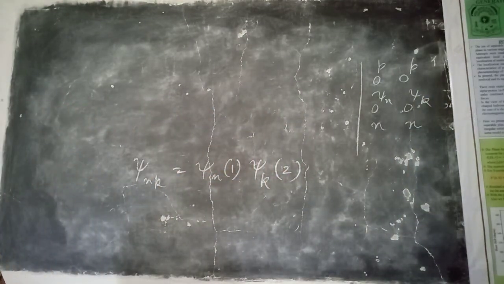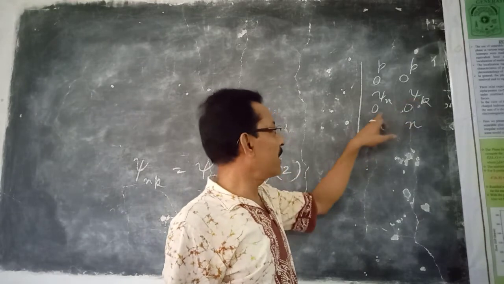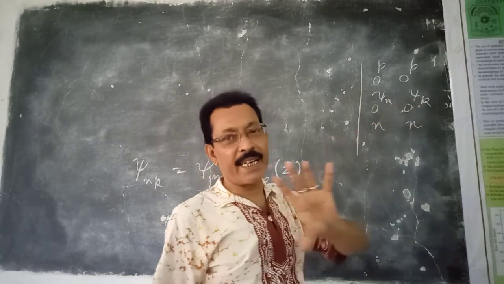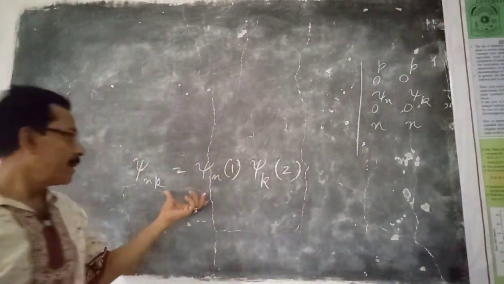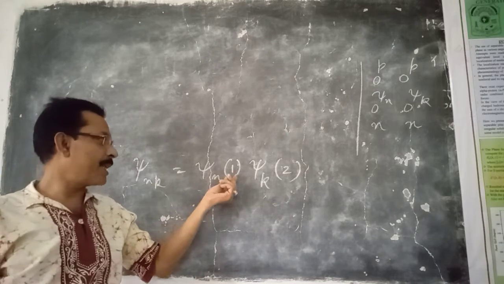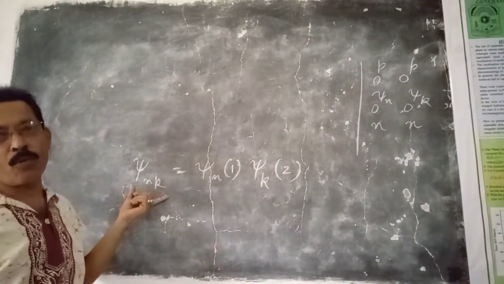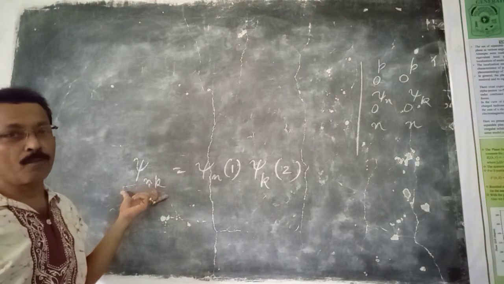You cannot say definitely which is in the kth state or which is in the nth state, because they are identical. You cannot distinguish between them. So you cannot label them as particle 1 and particle 2, and this form of wave function does not hold good. This is not an acceptable solution.